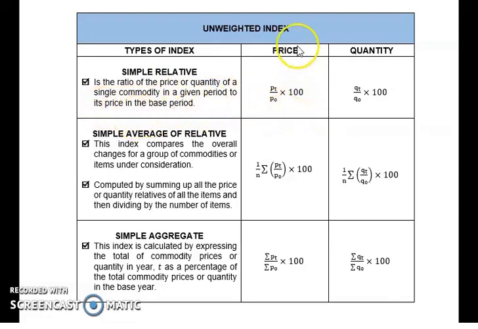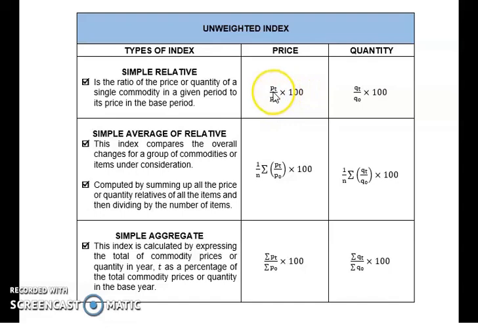Okay, so if you calculate the price, that means the index number is about price. And if you calculate quantity, then the index is about quantity. So how do we write the formula? Recall how to calculate an index number. It must be price for the current year divided by price for the base year, then multiplied by 100.